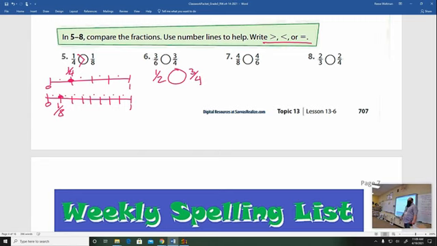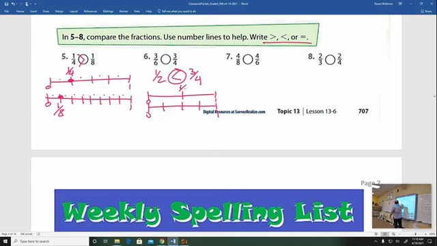Which one's greater? 3/4. That's right. Now, if you were to draw it out, you would see why. 0 and 1. Okay? Now, in this case, on the top line, we're only dividing it into 2. On the bottom one, though, it's being divided into 4.